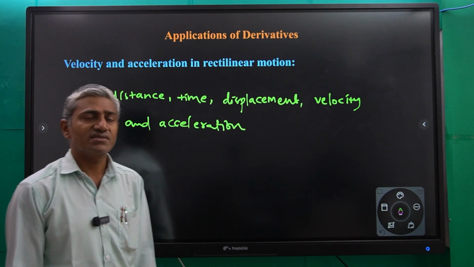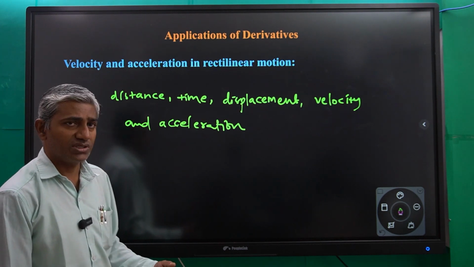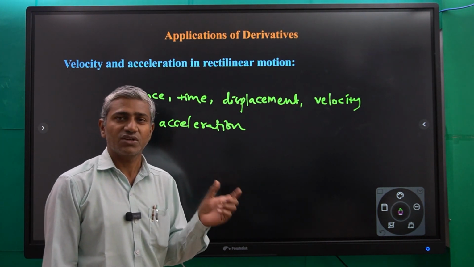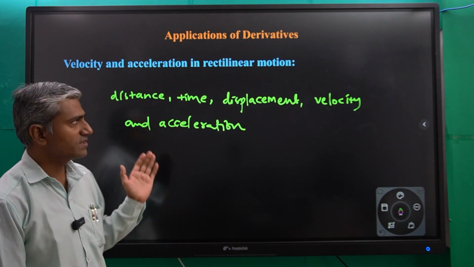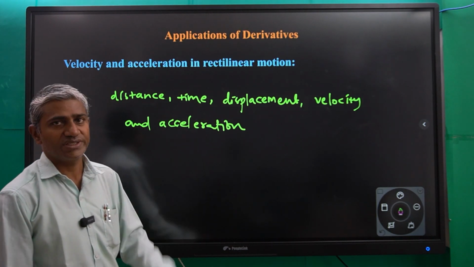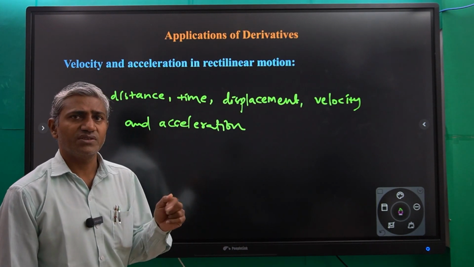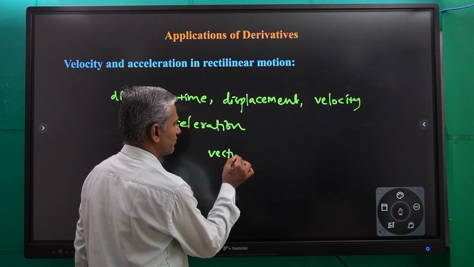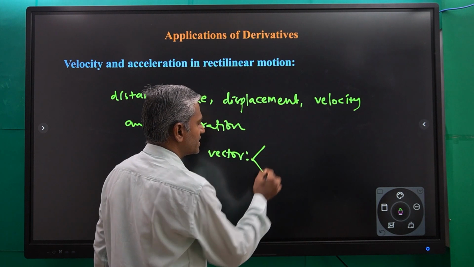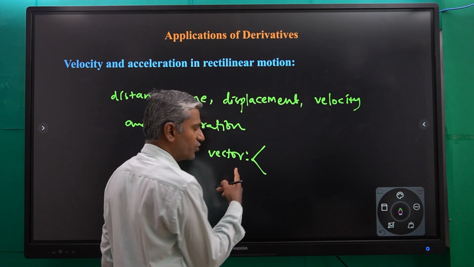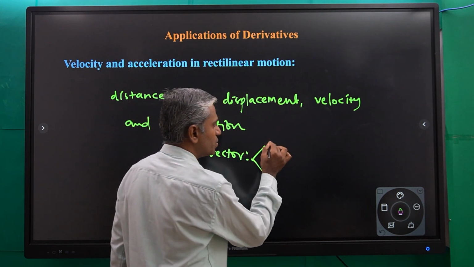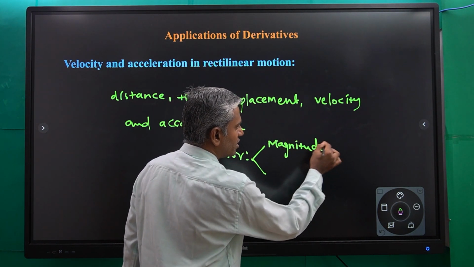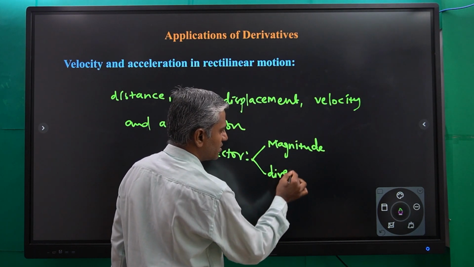Distance and displacement are both categories that represent physical quantities, but one is a scalar quantity and the other is a vector quantity. What is the difference between vector and scalar? A vector is a physical quantity which has both magnitude and direction.